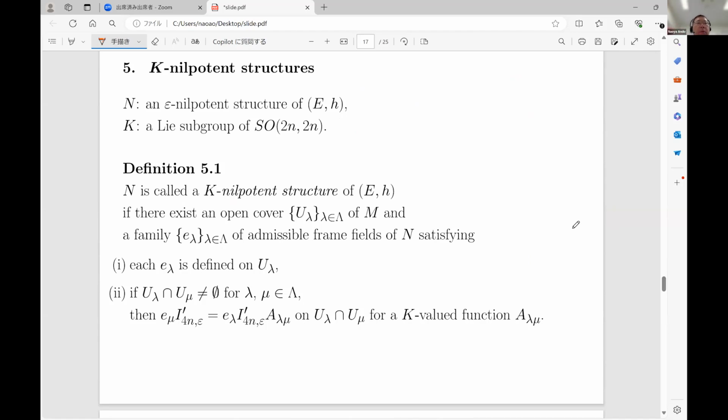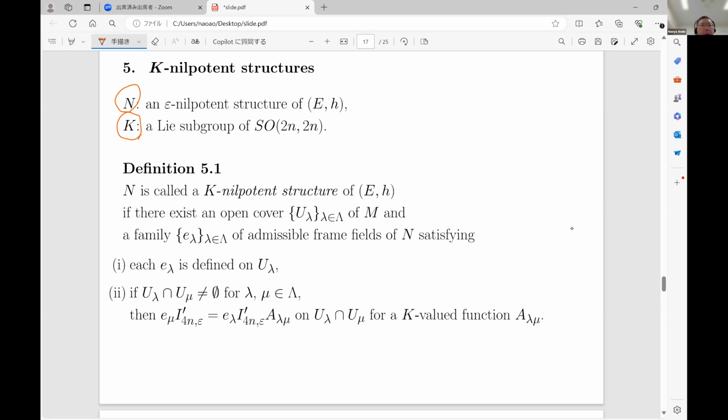In this section, I will explain K-nilpotent structures. K-nilpotent structures are special nilpotent structures. Let large N be an epsilon nilpotent structure of EH, and large K a subgroup of SO(2n,2n).